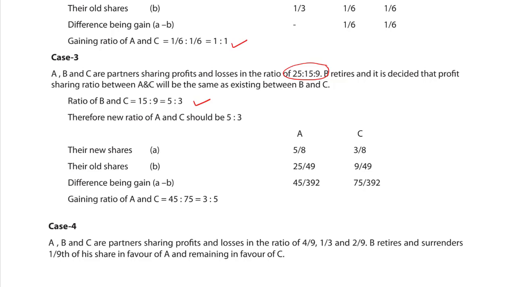Their new share is 5 is to 3, so 5 by 8 and 3 by 8. Their old share is 25 by 49 and 9 by 49 in case of A and C. Difference being the gain. That is 45 upon 392 and 75 upon 392. The gaining ratio is 45 is to 75, that is 3 is to 5. I believe it is clear.